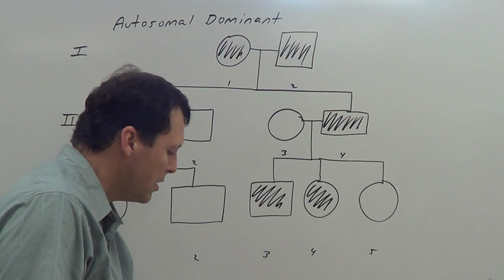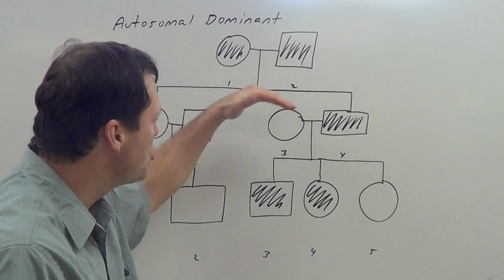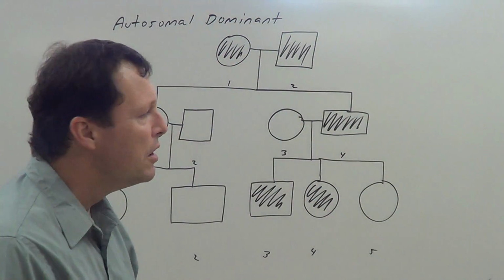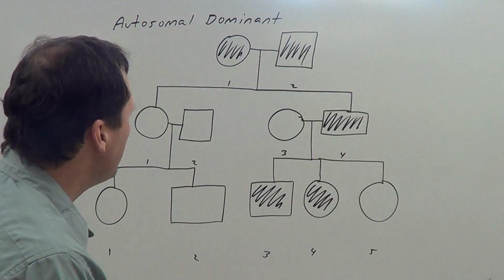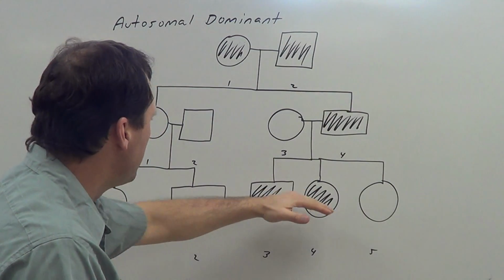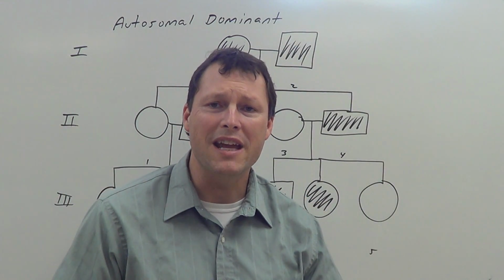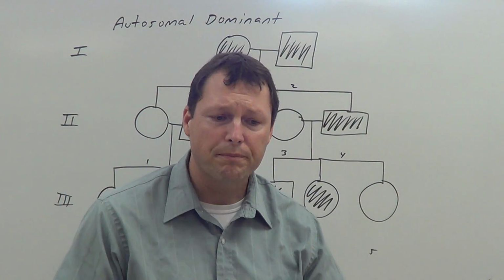Now that we know that information, we have to begin to label each individual with the correct genotype. Because this is a dominant trait, I know that all affected individuals have a capital A, because a capital letter represents a dominant gene.